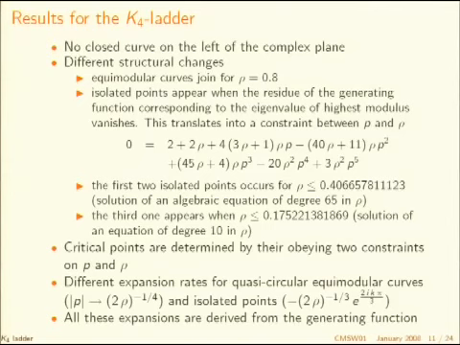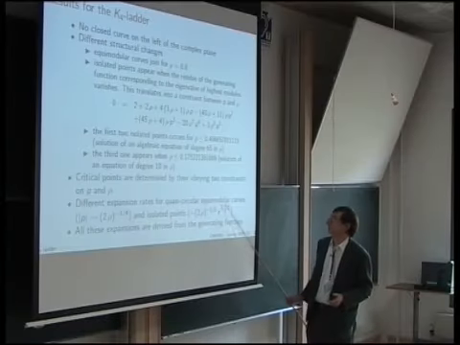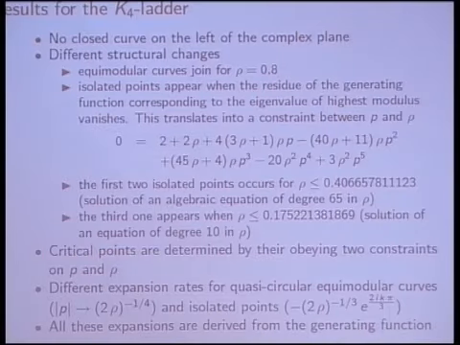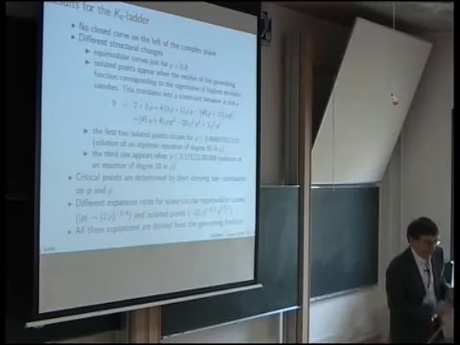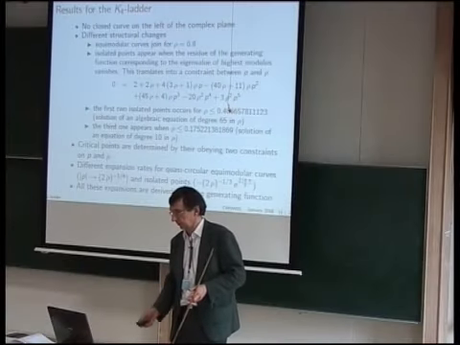Of course, these critical points are obtained from the fact that rho and p obey simultaneous polynomial constraints. The different expansion rates are rho to the minus 1/4, and here 3 isolated points where the expansion rate is with an exponent of 1 minus 1/3. And of course, everything can be computed from the generating function.